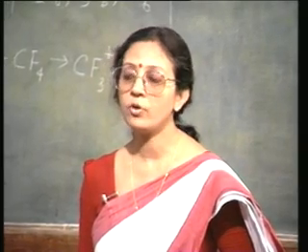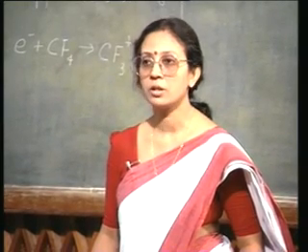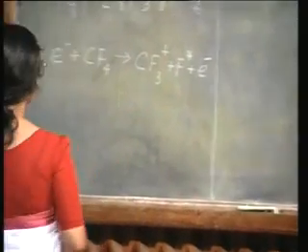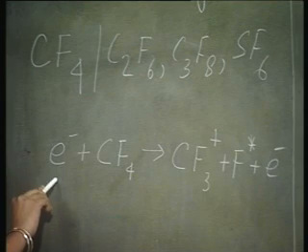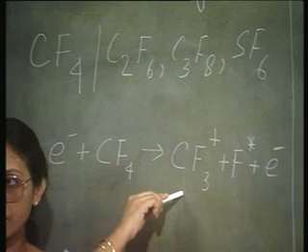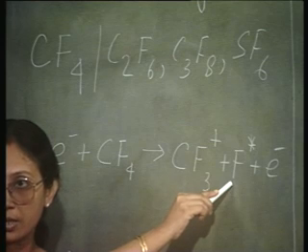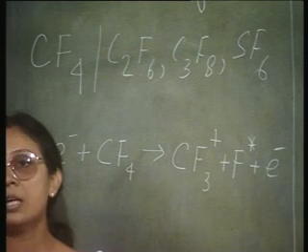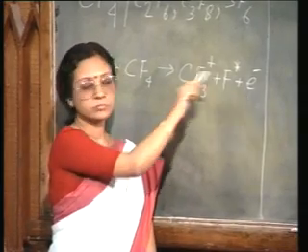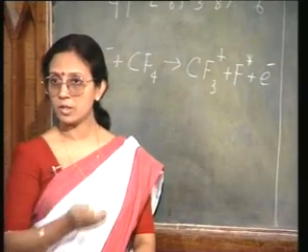So, it is possible to have a lot of reactions which are not otherwise possible at low temperature. This is one such reaction: energetic electrons reacting with CF4. In the process, CF3+ radicals are created, and most importantly the fluorine F* is created. F* is a neutral reactive fluorine species, and to maintain the charge neutrality I have the electrons again, so that this reaction can keep on happening.